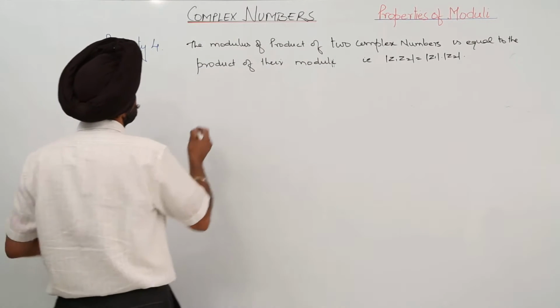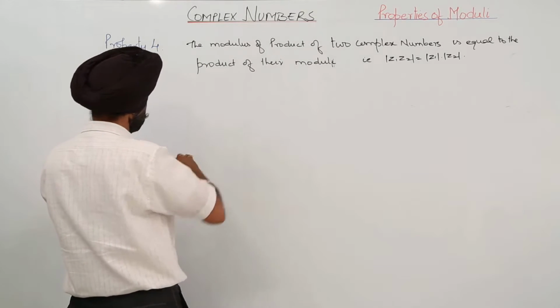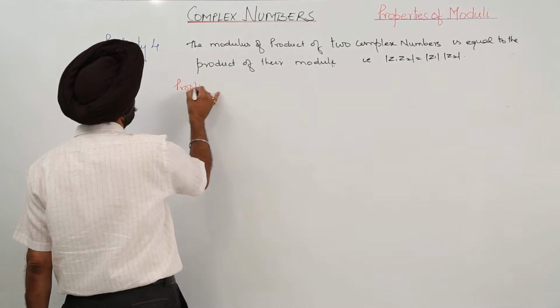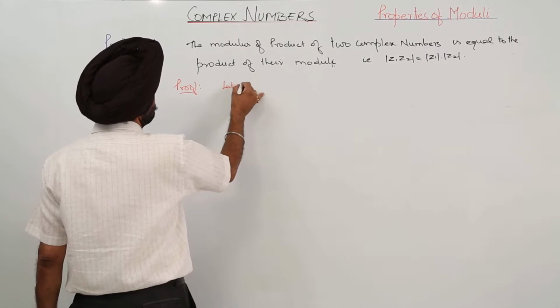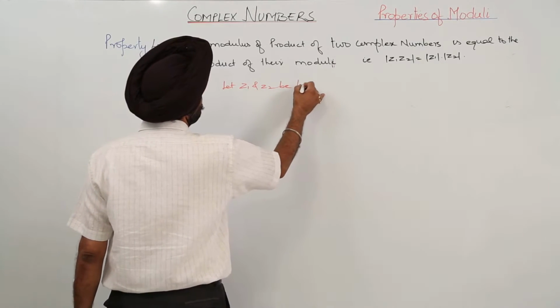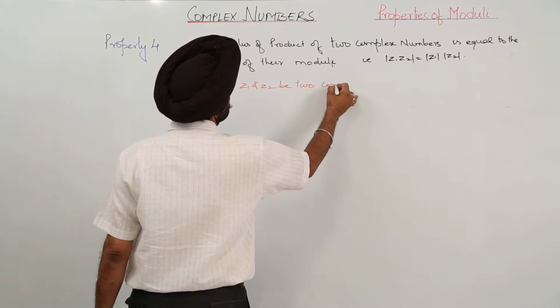Now, proof. Let Z1 and Z2 be two complex numbers.